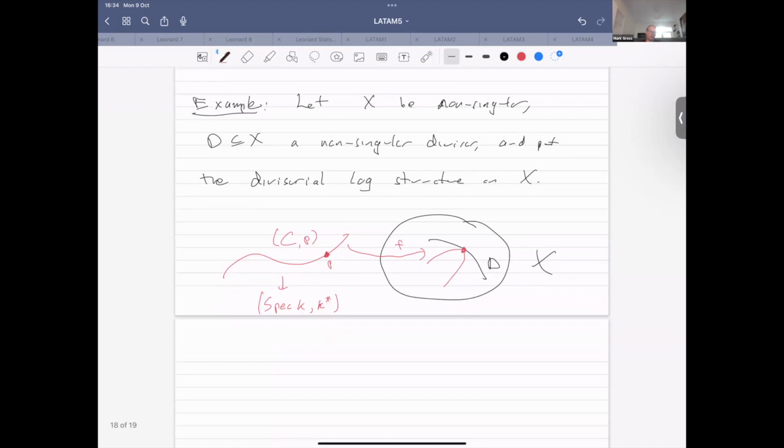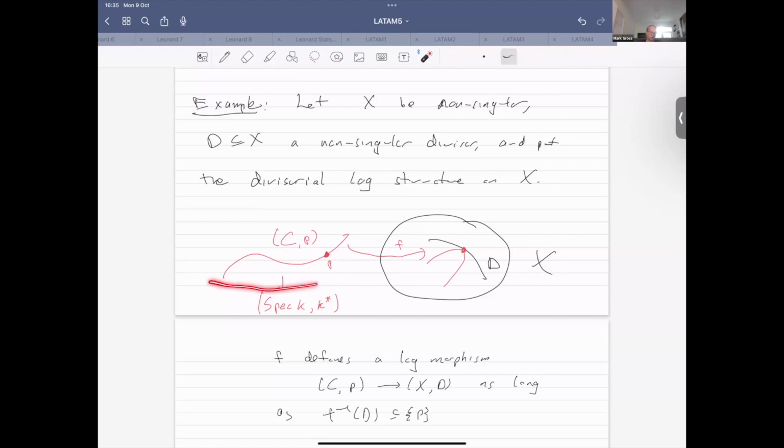So now F defines a log morphism from (C, P) to (X, D) as long as the inverse image of D is contained in the divisor defining the log structure here, namely is contained in P, in just the singleton set P.